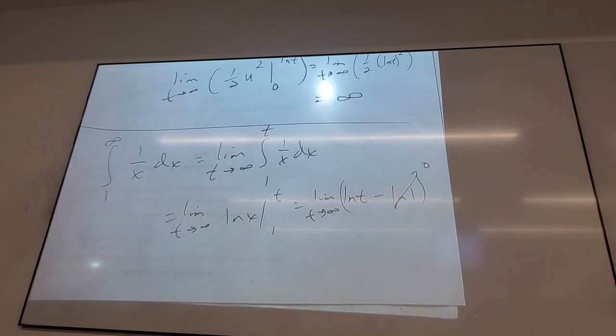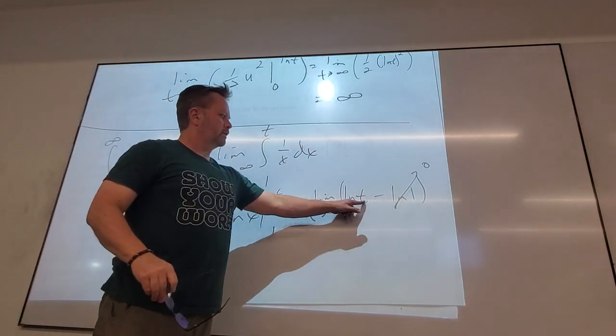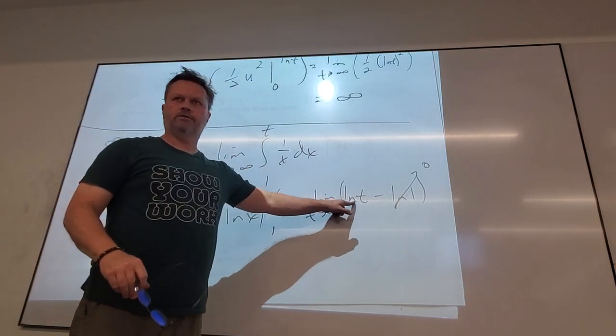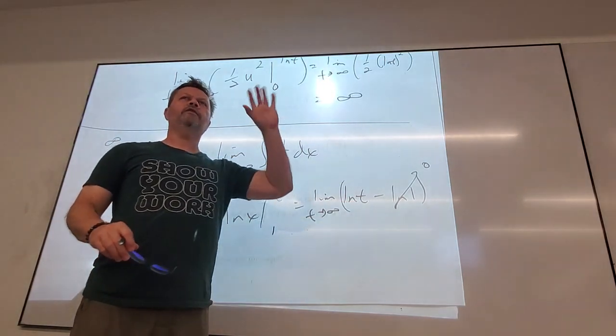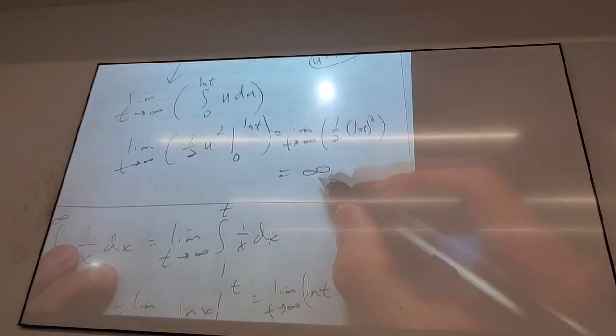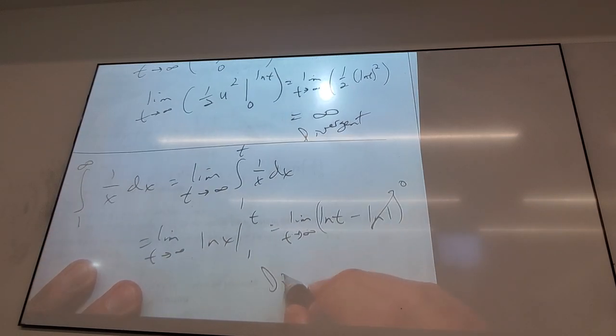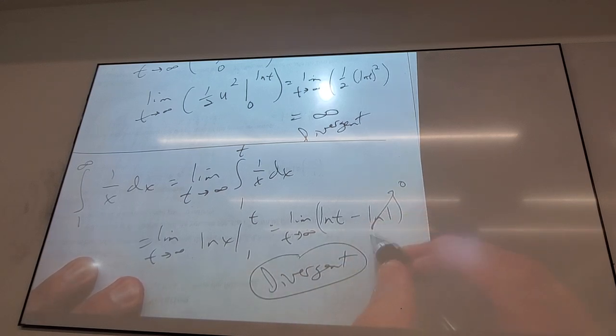So you get natural log of t, and as t goes to infinity, this goes to infinity. So we would officially say this integral is divergent, because this goes to infinity.